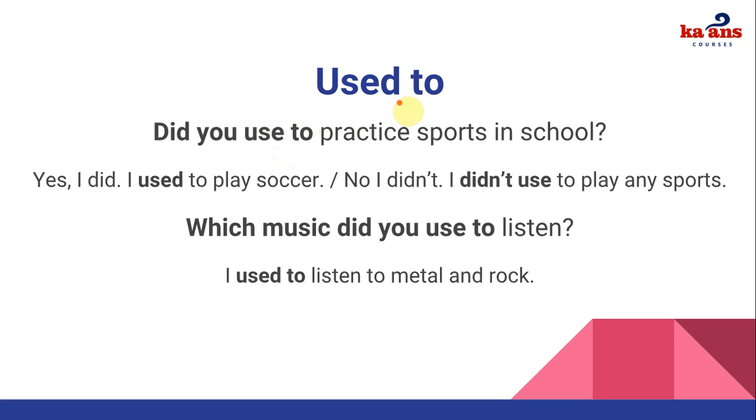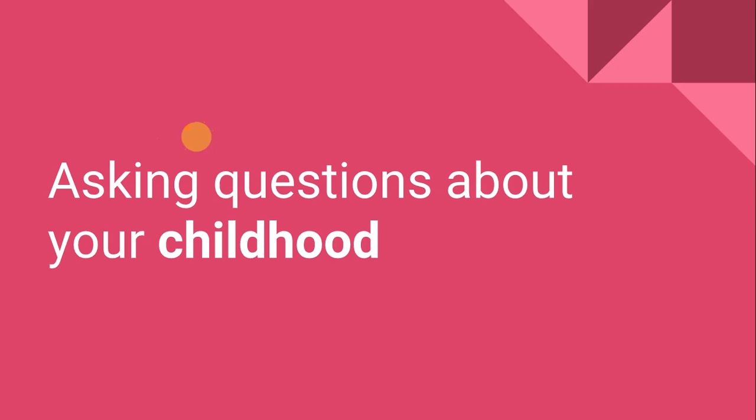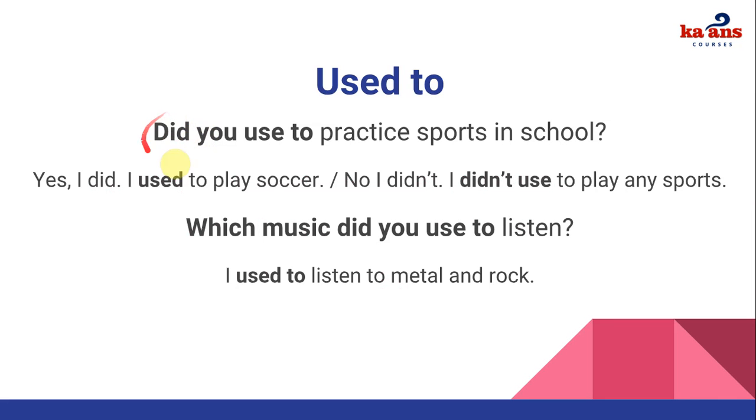Why is that? Remember that when we have a question, we're going to use the past with the auxiliary verb, in this case with did. So it would be redundant if you put a did and then you write down used. That would be incorrect.